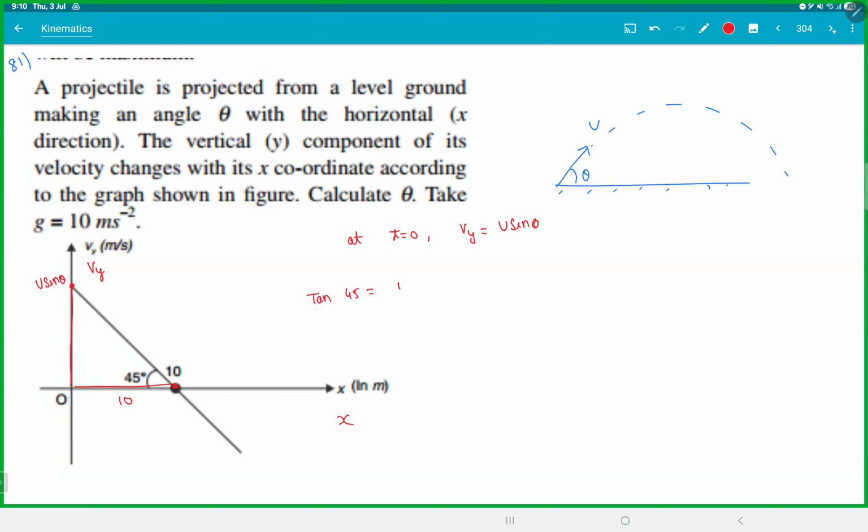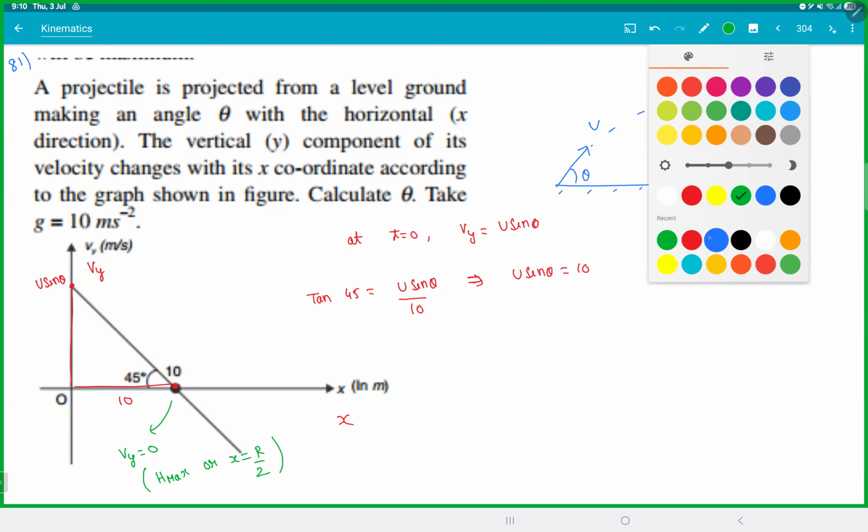So tan 45 must be u sine theta by 10. So we got u sine theta is equal to 10. Next thing, at this point Vy is 0, so this must be h max, or x is equal to r by 2.